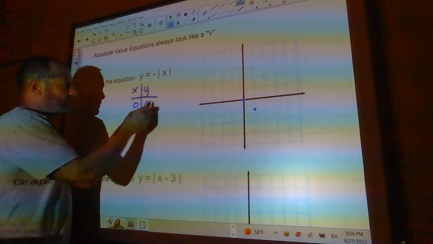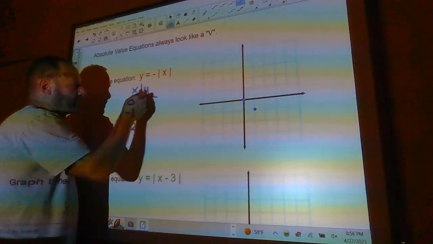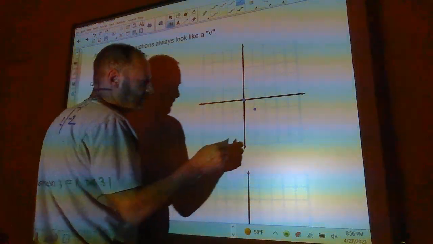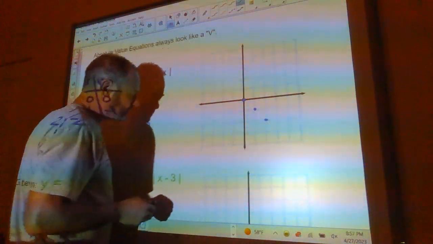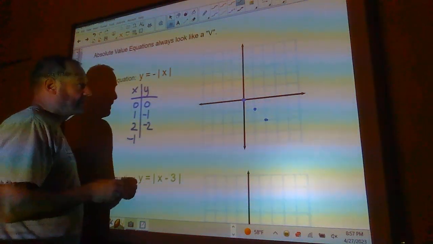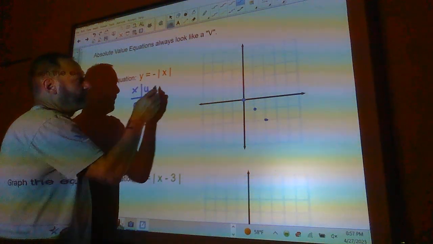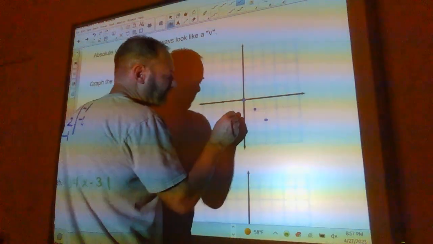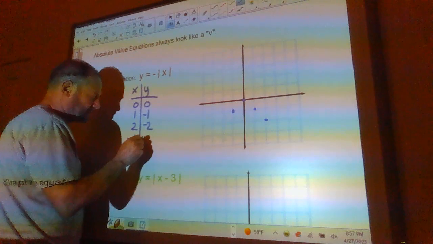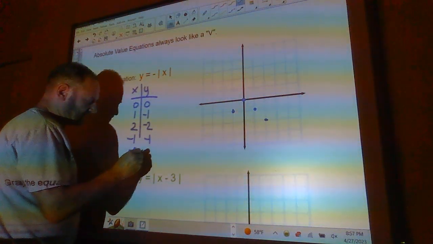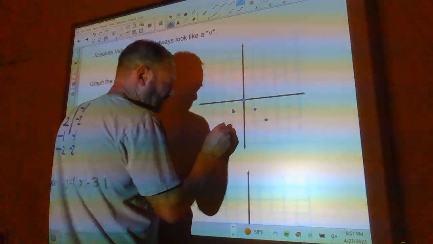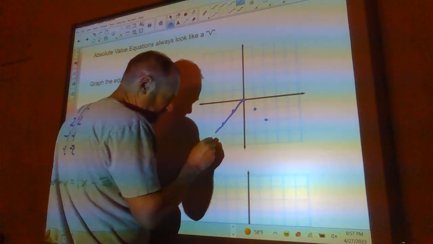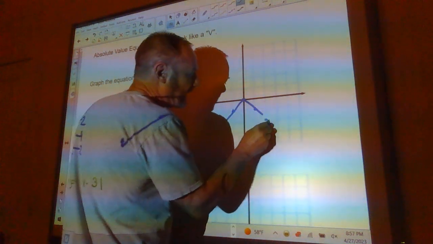I plug in 2, absolute value of 2 is 2, but I put a negative on the front, so it's negative 2. If I plug a negative 1 in here, I get absolute value of negative 1 is 1, and then I slap the negative on the front, so again it's negative 1. And same thing with negative 2. So you can see this just got flipped upside down from the last one.